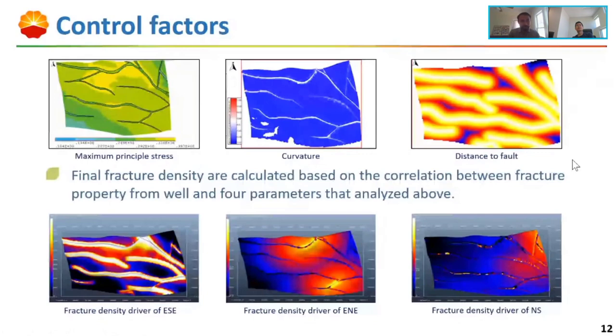Now, on the additional factors that will control the fracture density, we can bring in the maximum principal stress, for instance, in the top left side of the screen.